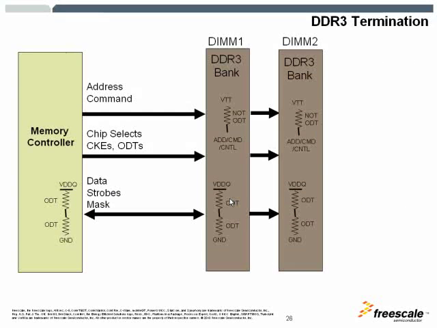And in DDR3, if a DIMM is used, then there are no termination required on the board. However, if you are not using a DIMM and you are going to lay all the SDRAMs on your board, then pay attention to the VTT termination for address and command.